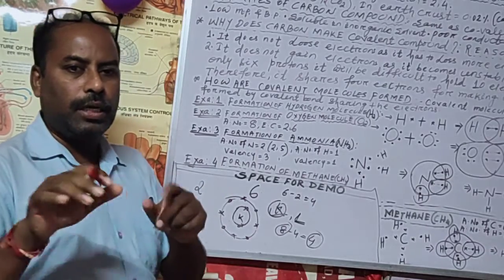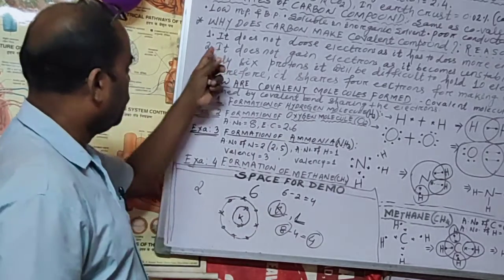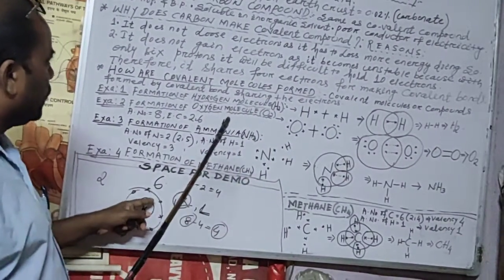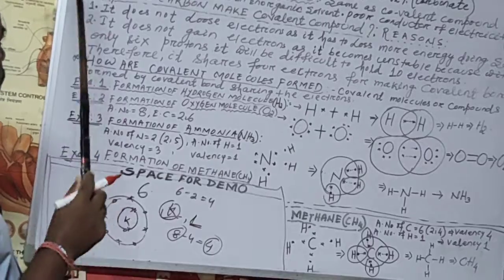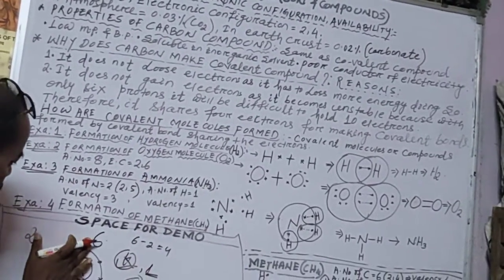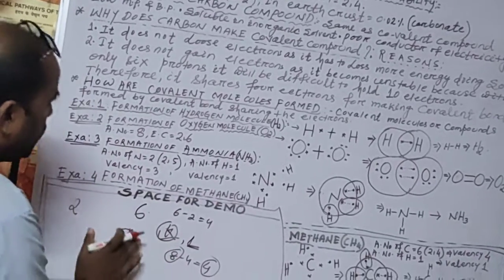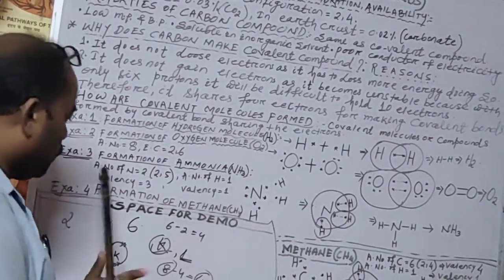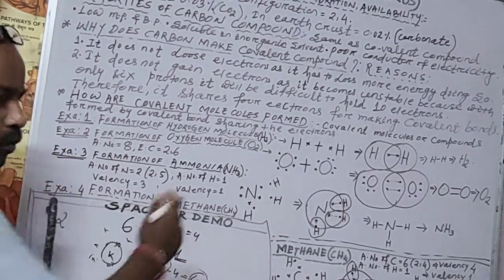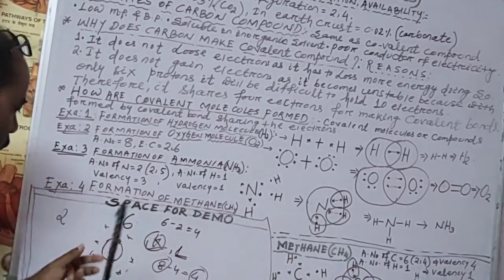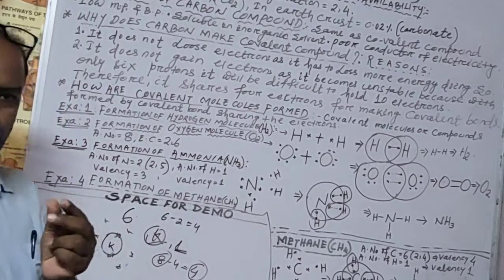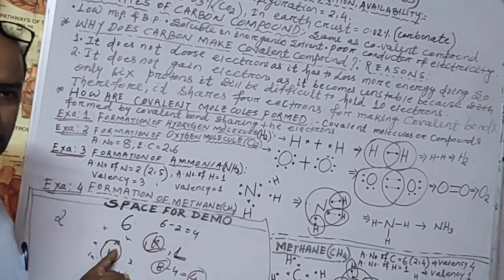But why does it not leave, why does it not gain? Let us see. I have given two reasons why it chooses only sharing the electron, not gaining and not losing. It cannot lose the 4 electrons to make its configuration 2, because to lose the electrons it needs more energy. Carbon is a very small atom, its radius is very small, and the nuclear charge of carbon is very strong.